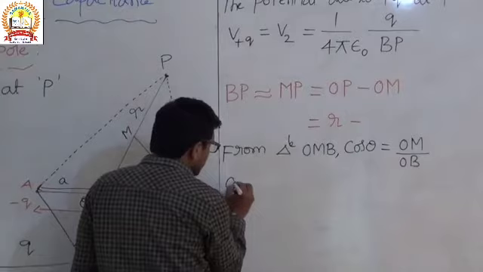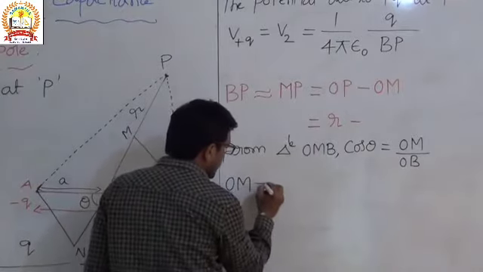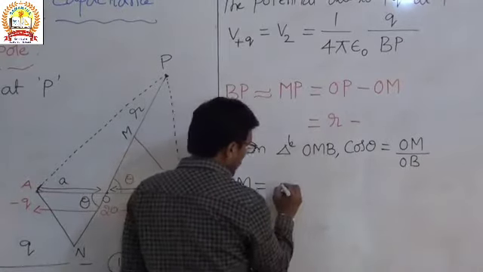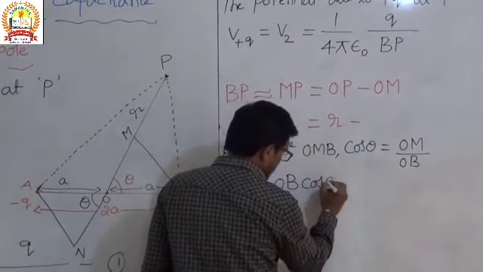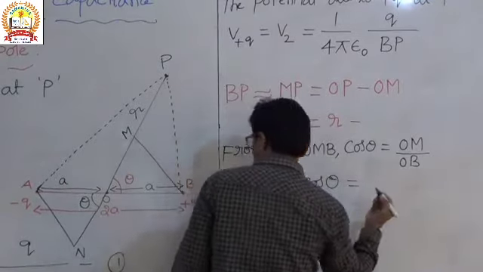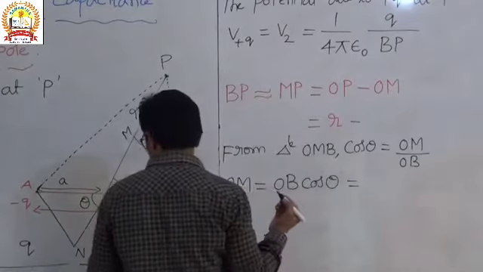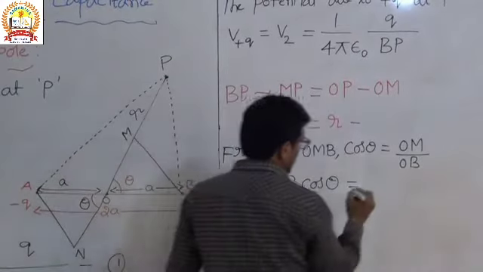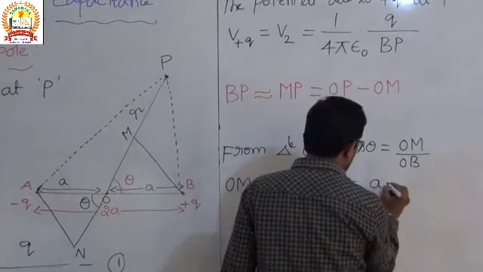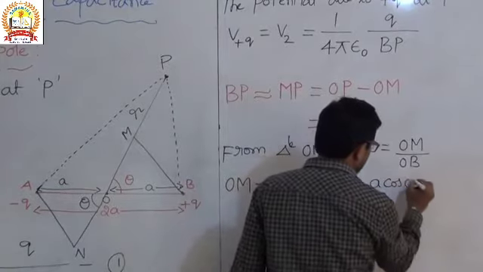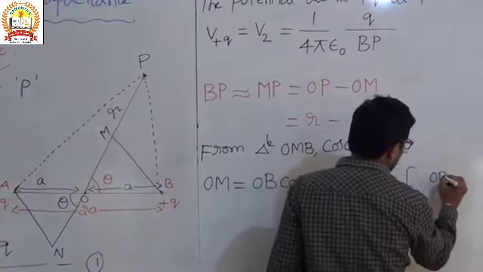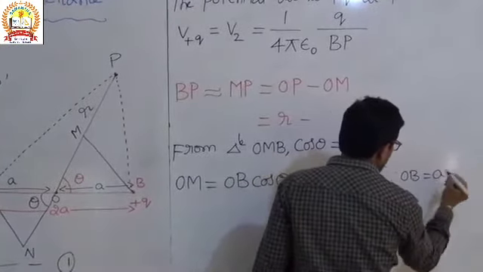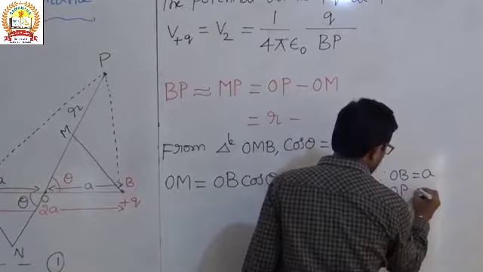Then OM is equal to OB cos theta. And the distance from O to B is a, so a cos theta, since O to B the distance is a and O to P the distance is R.